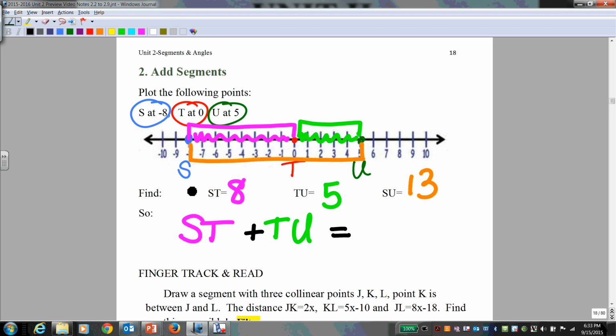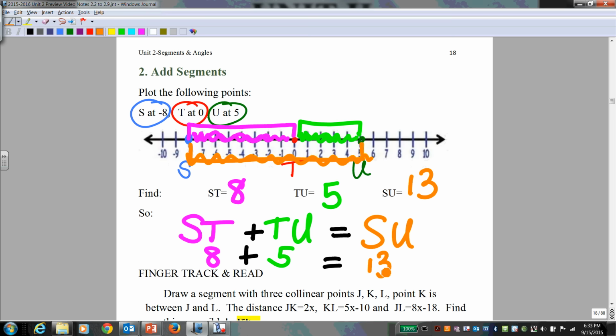Equals the distance S to U. Little segments add up to bigger segments. This isn't meant to be complicated, guys. 8 plus 5, for those who need to see this numerically, is, woohoo, 13. See? It all fits together.